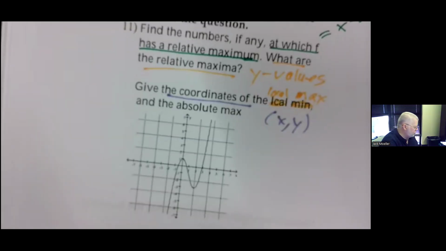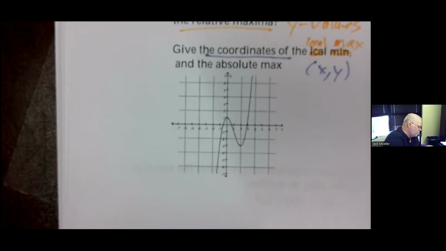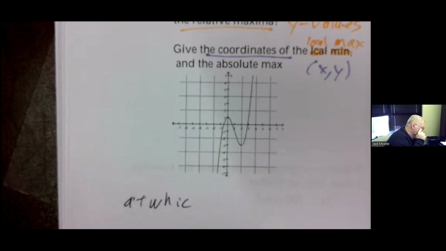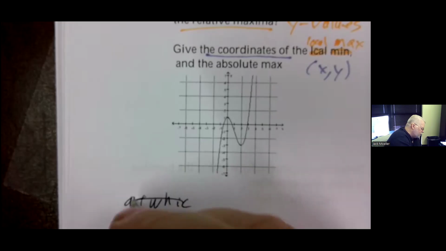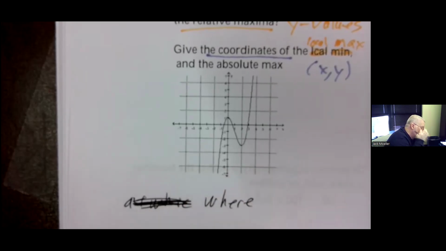All right, so let's go through. Again, this is kind of small, but we'll stay on here. The first thing I want is at which f has, so find the numbers. So where is the relative max?